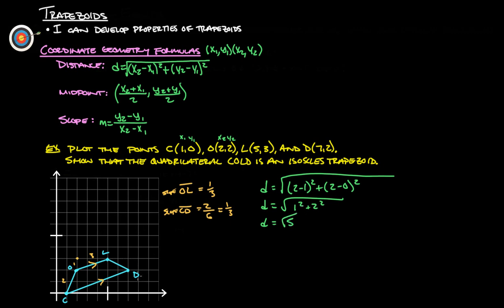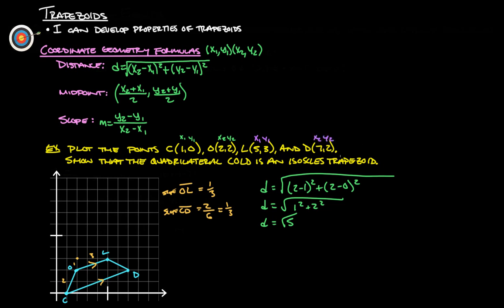Okay, so now let's do the same thing for L and D. Let's do our distance from L to D, in purple here. We'll call this x1, y1, x2, and y2.